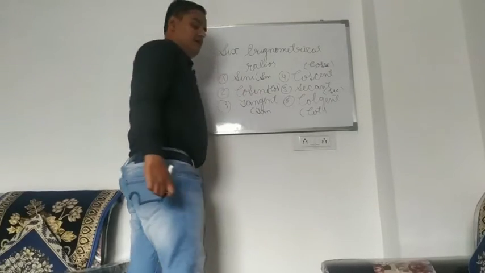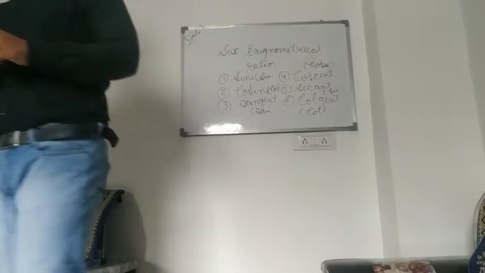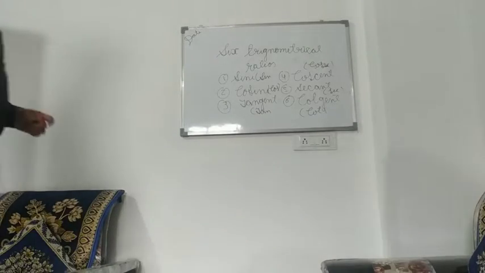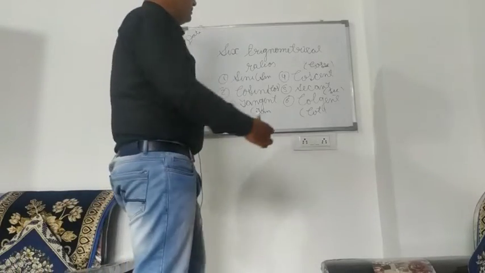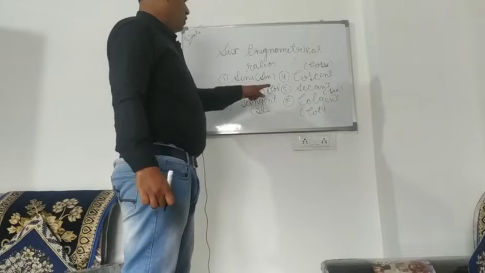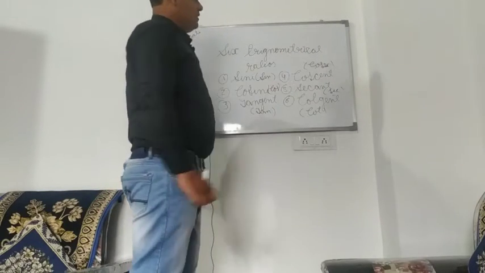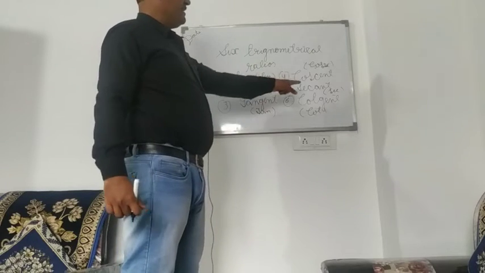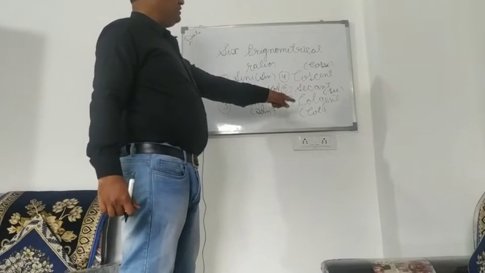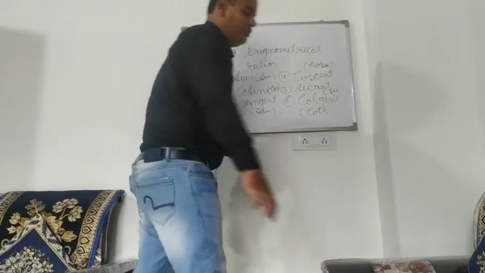We represent them like this: sin, cos, tan, cosec, sec, and cot. So we write trigonometrical ratios in abbreviated form like this.